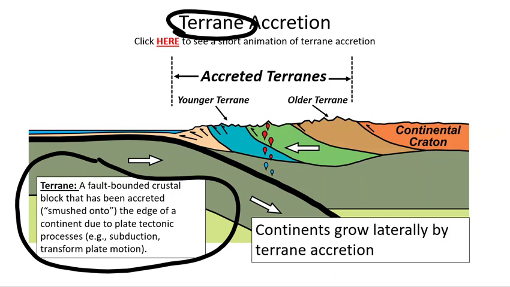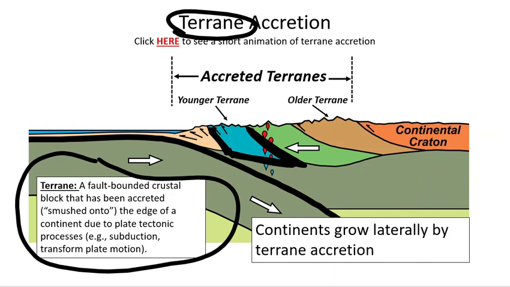So the thing to appreciate about terranes is that they're surrounded by faults, and I'll illustrate that here. Let's look at this younger blue terrane. So I'll add a thick black line here, and a thick black line here, and a thick black line here.